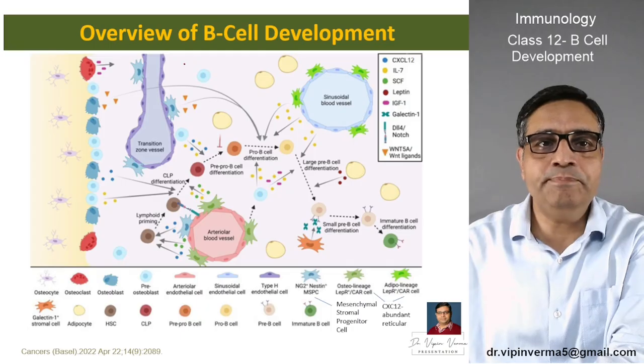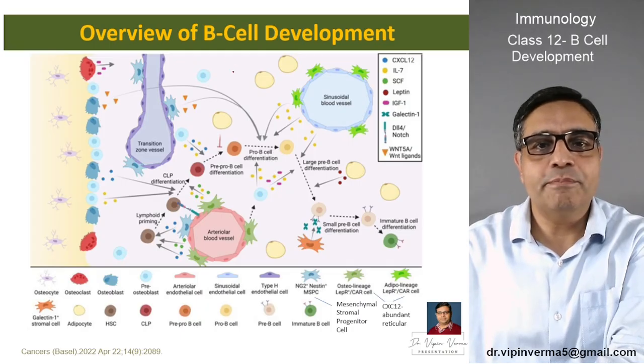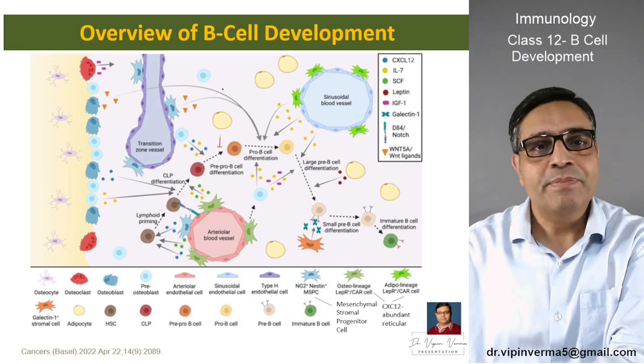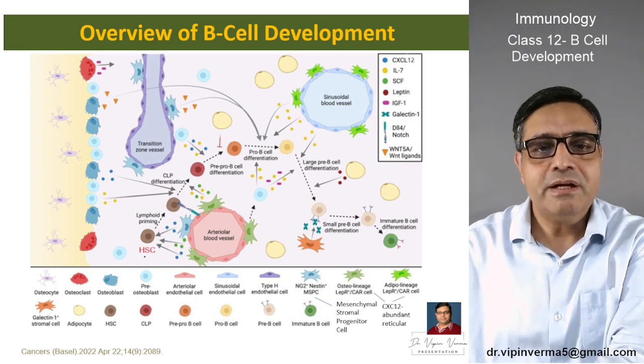Now, this picture gives a complete, brief overview of B cell development. Here we have the hematopoietic stem cells. These are the arteriolar blood vessels, which have the endothelial cells.